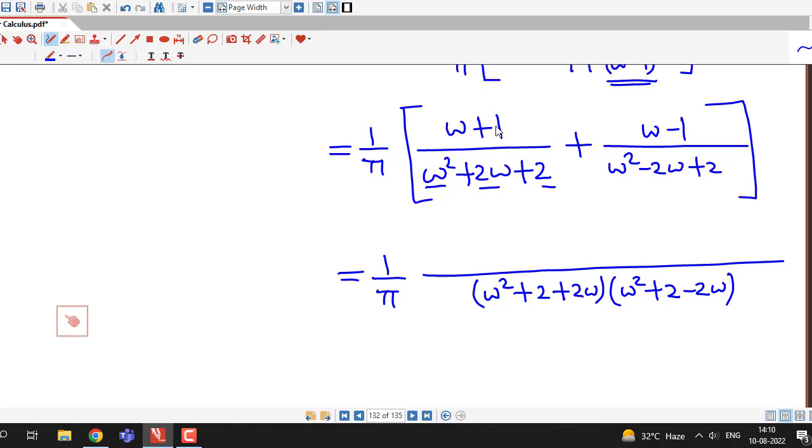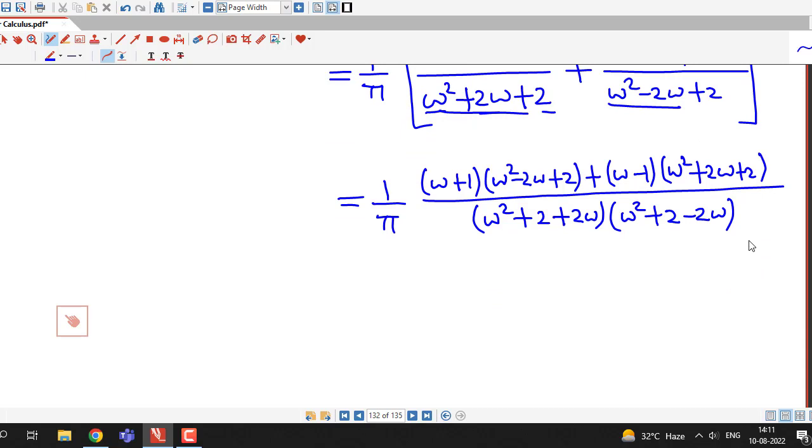Now I have to multiply this (omega plus 1) with this quadratic factor: (omega plus 1) into (omega squared minus 2 omega plus 2). Similarly, I have to multiply (omega minus 1) by this factor, omega squared plus 2 omega plus 2. And now we simplify all these terms. We have to be careful.